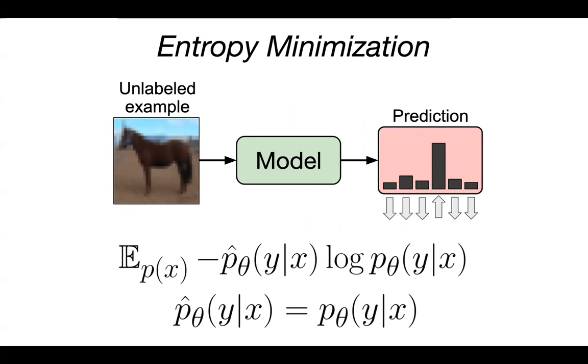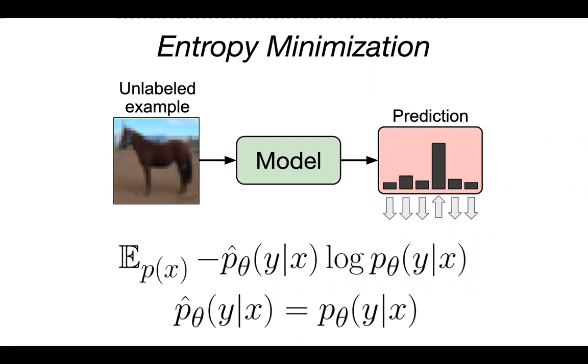And you can think of entropy minimization as, well, I'm going to feed an unlabeled example into my model. My model's going to come up with a prediction, and I'm going to try to minimize the entropy of the model's prediction, which is to say, I'm going to try to make the model more certain. I'm going to try to make as many of the class probabilities 0 and one of them 1. That's my goal. That's what entropy minimization wants to do.